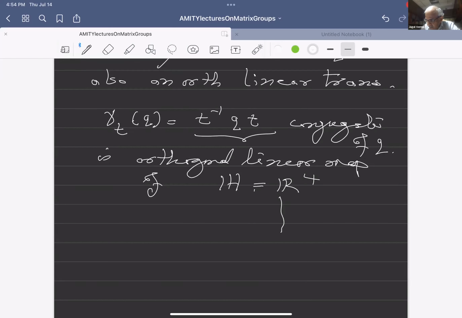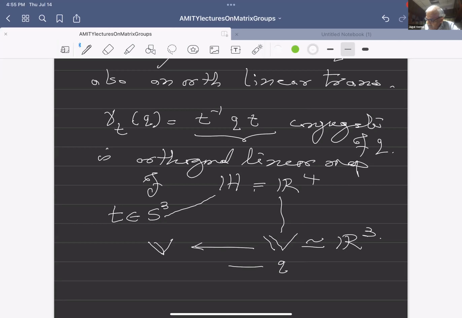Inside R4, I have the space of imaginary quaternions, which is isomorphic to R3. Now I am picking T belonging to S3, the space of unit quaternions, and I am using this T to define a map from V to V, which is an orthogonal linear transformation. It sends q to T inverse qT. Let me give this the name gamma T of q. Are you with me?